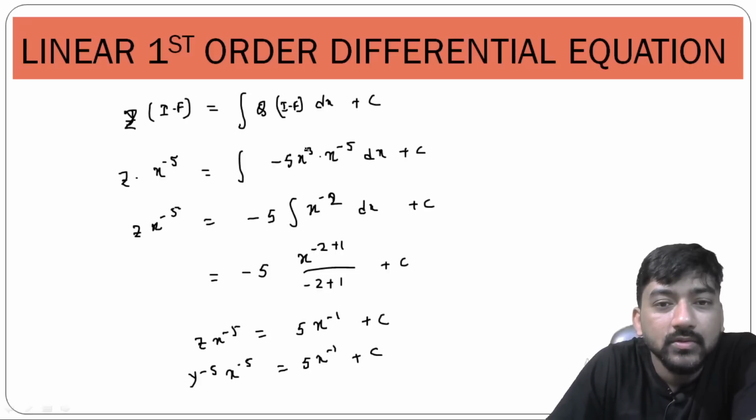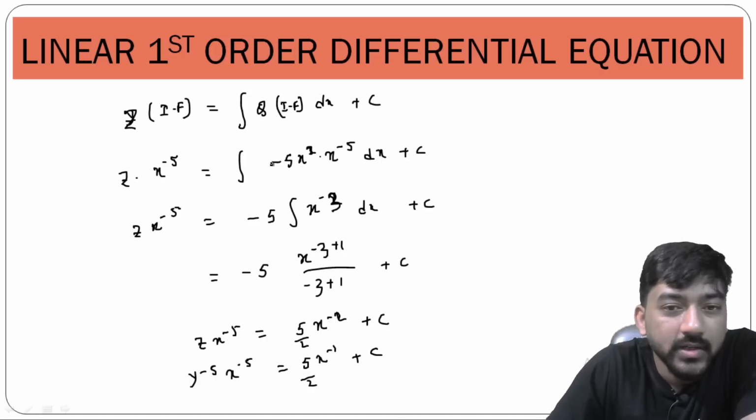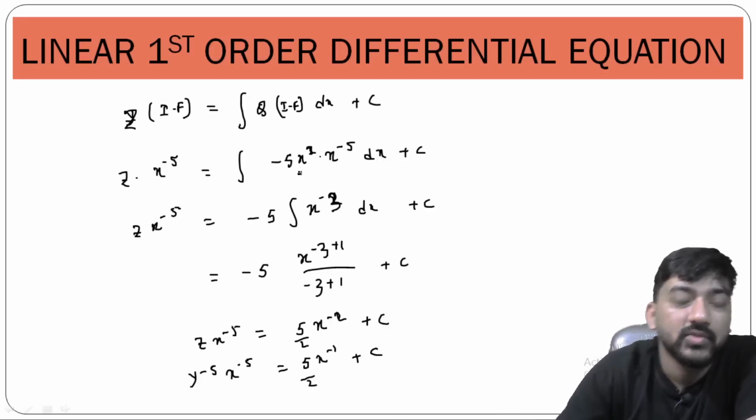In that case, this will be minus 3 plus 1, so it will be x to the power minus 2 divided by 2. So this will be the solution. Please correct it. So this is your solution.